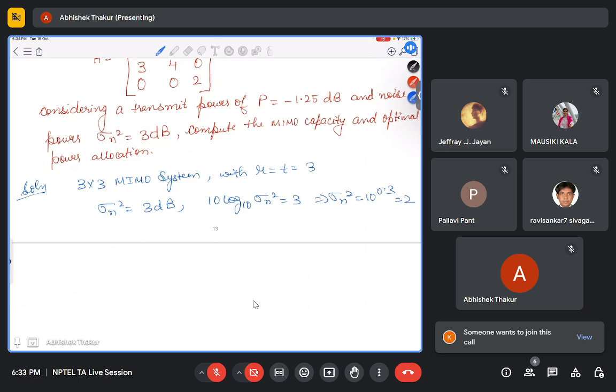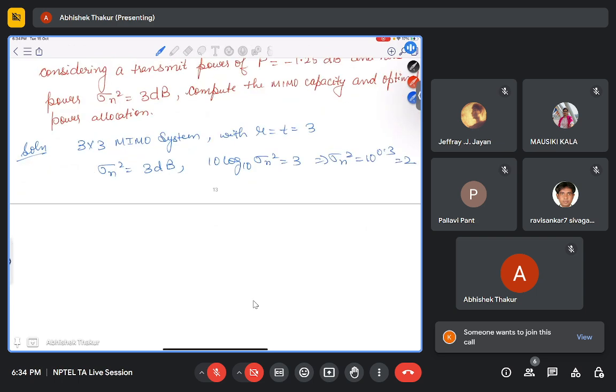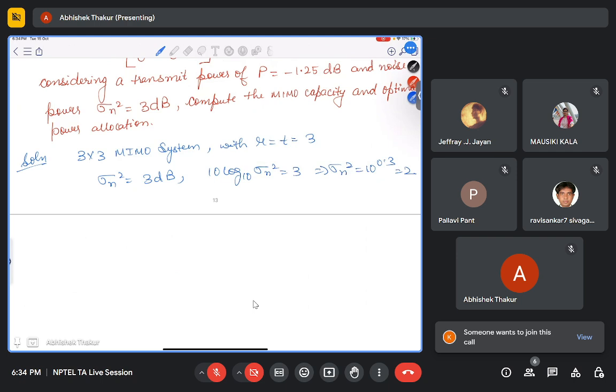So this is equal to 2. And the power is given as minus 1.25 dB, so 10 log 10 P is equal to minus 1.25. This implies that P is equal to 10 to the power of minus 0.125, so that is equal to 0.75.